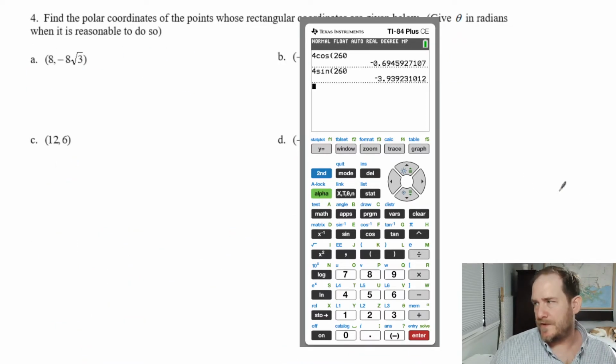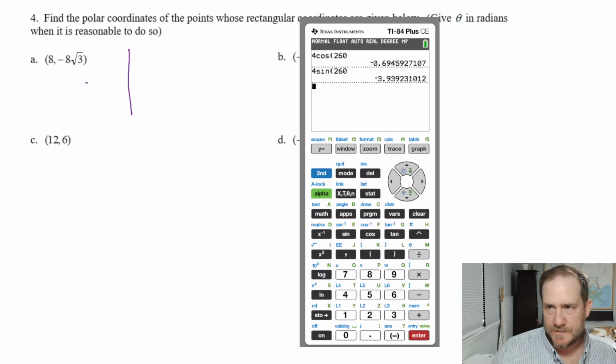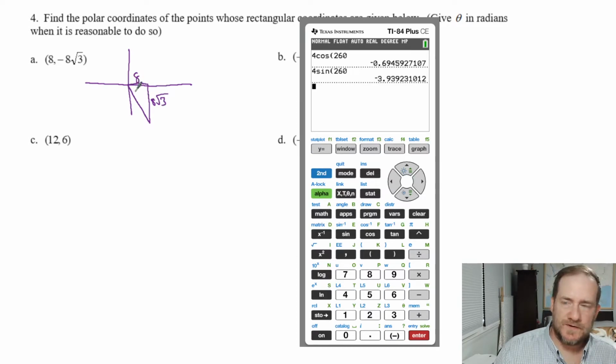Alright, so we're converting the other way now. And hopefully an 8 and an 8 root 3 look familiar to you. Because if I go over 8 and down by 8 root 3, then I'm going over a little bit, down a bunch. And if this is 8 and this is 8 root 3, then that should be ringing bells in your head that this is a 30, 60, 90.